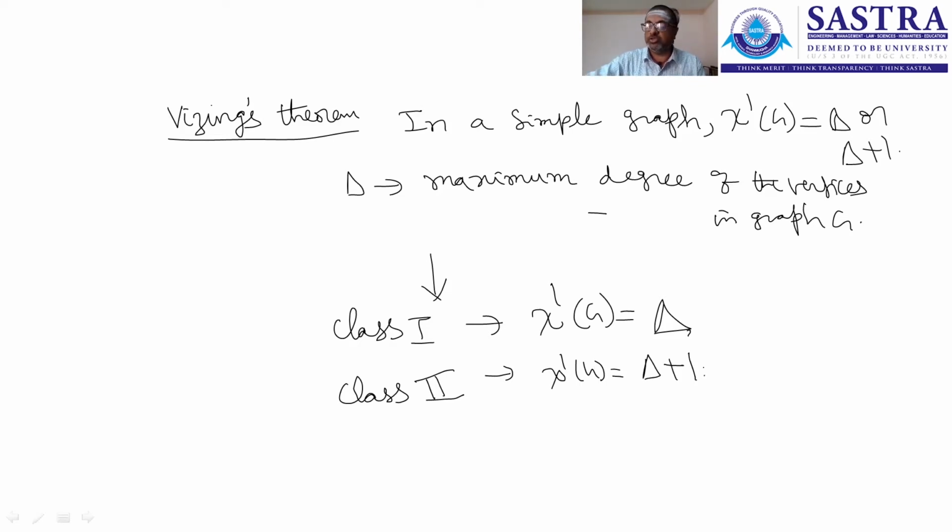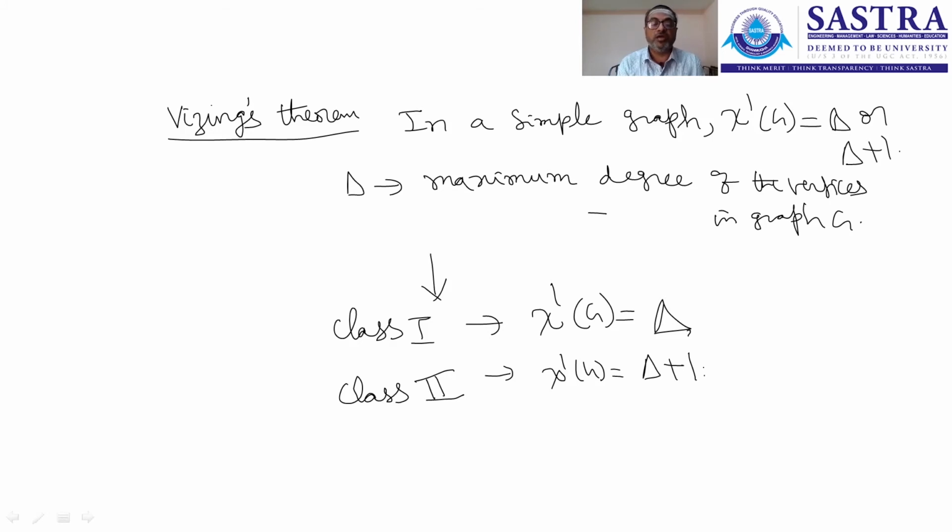So this edge coloring is divided into two types of graphs. You will have either class 1 graphs or class 2 graphs. Class 1 graphs and class 2 graphs are nothing but classes which are classified according to the edge chromatic number. If the edge chromatic number is delta, then you call it class 1 graphs.